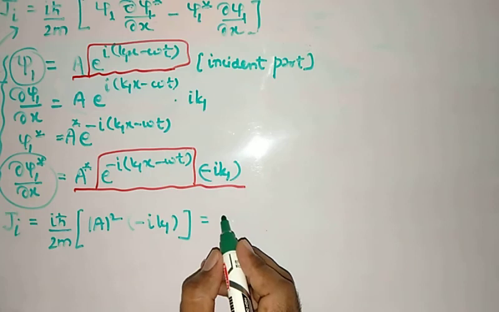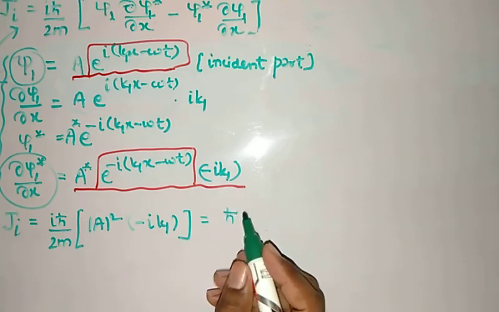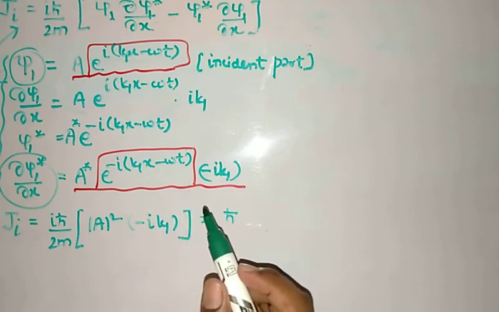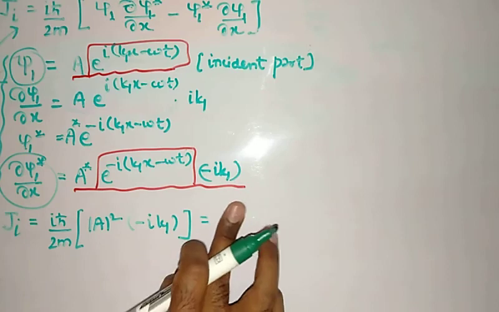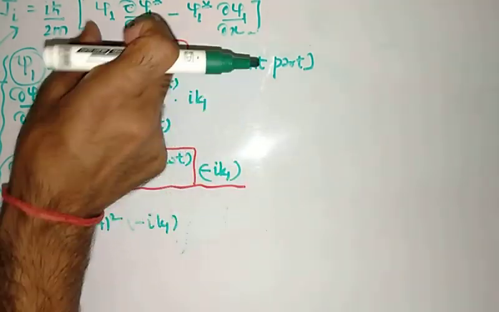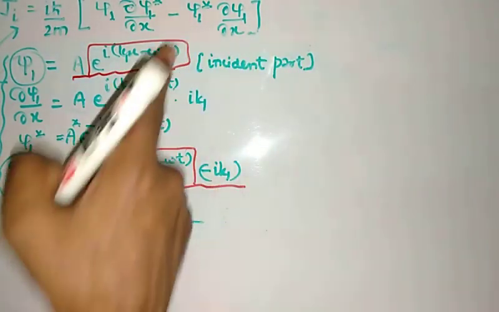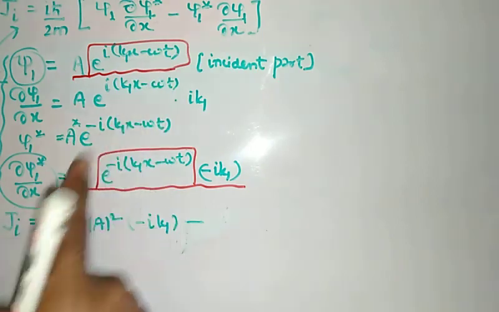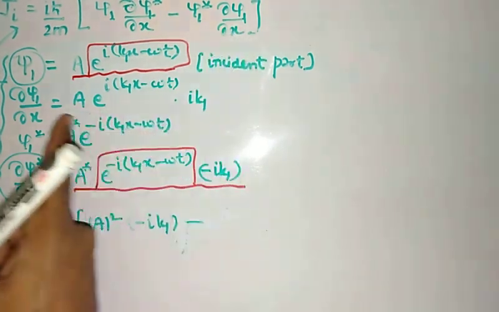This means h cut. We have one more thing. We have used this part, and we also have to use the minus part. Now psi 1 star is this one, and del psi 1 by del x is this one.